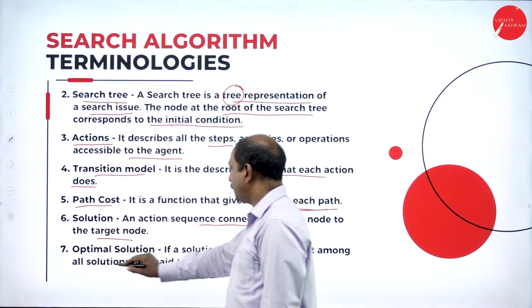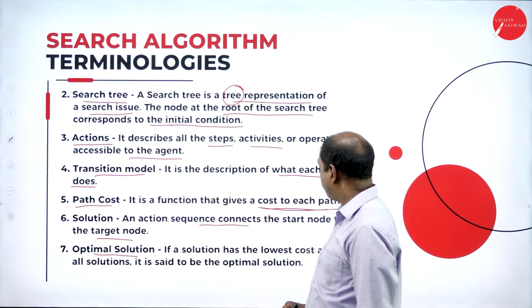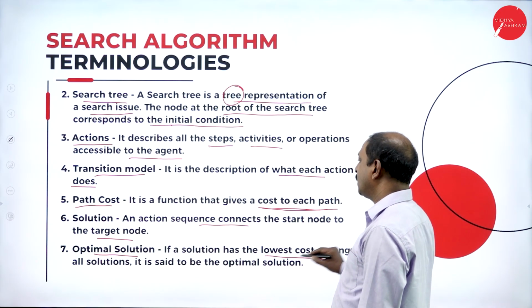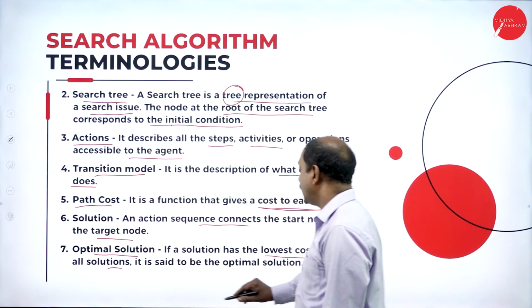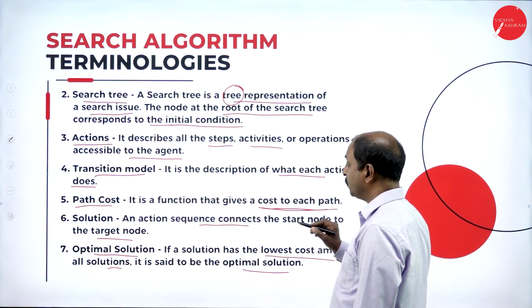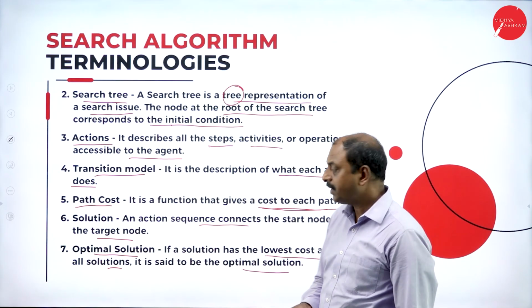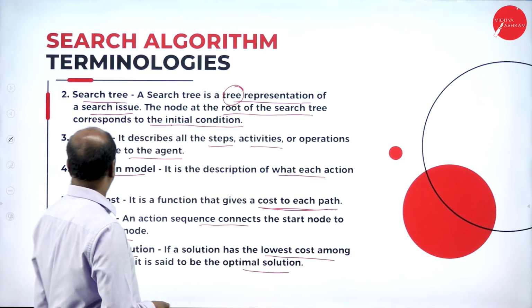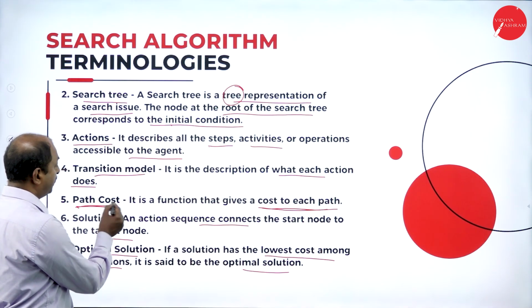Next one is optimal solution. What is an optimal solution? If a solution has the lowest cost among all the solutions, it is said to be the optimal solution. Here every solution will have its own path cost, what you have seen in the previous point.